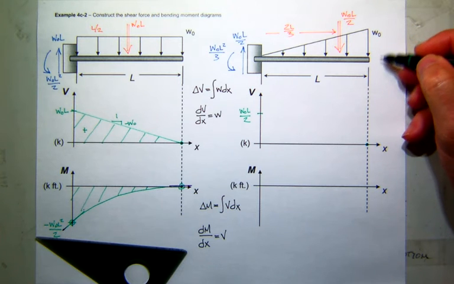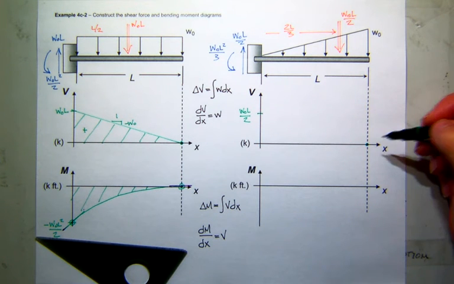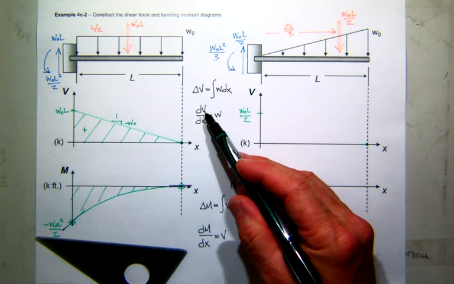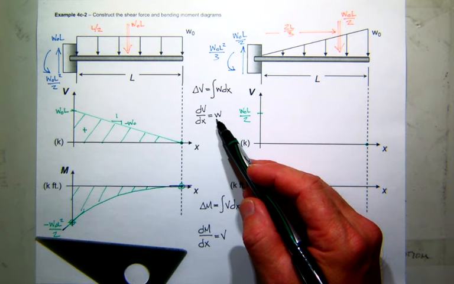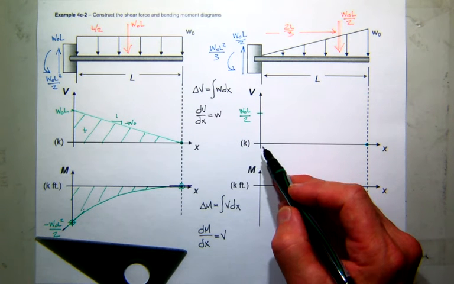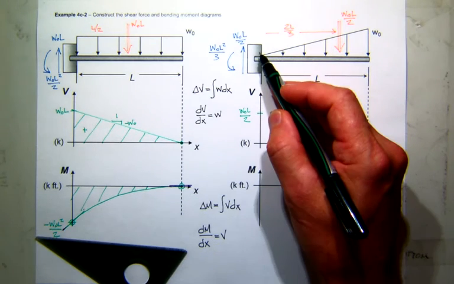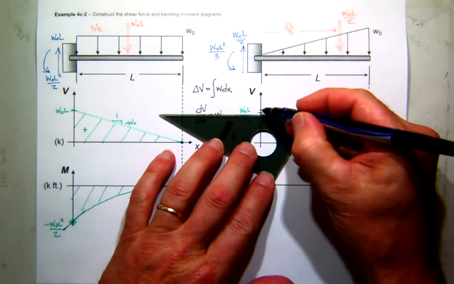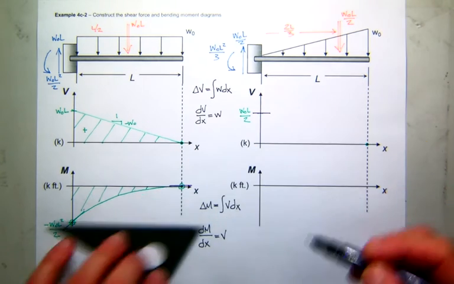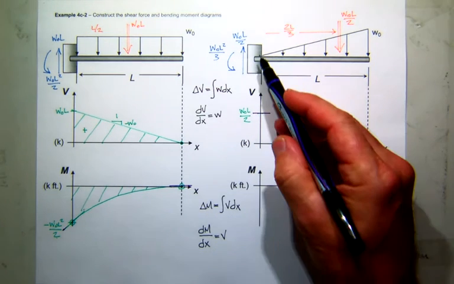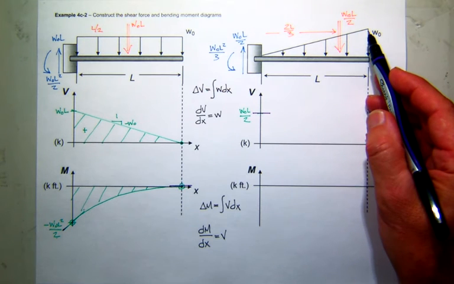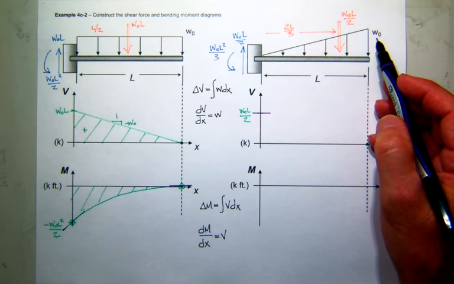And I got no shear out here at the end. There's no applied force. And what's the shape of my curve? What's given by the load? What is the value of the load right here? 0. So that means I'm going to start with a 0 slope. And then the slope slowly increases to a max value of W. Is that a positive or a negative slope?